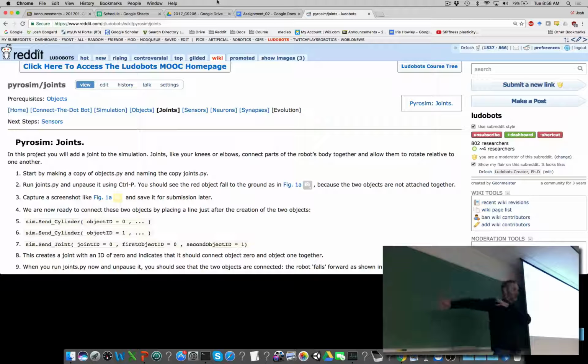Your shoulder joint allows much more rotation of your arm relative to your torso than your elbow does, upper arm to lower arm. Open Dynamics Engine is the actual physics engine that's being used under the hood in PyroSim. Open Dynamics Engine, or ODE, allows lots of different kinds of joints, and for the moment I'm suppressing those.